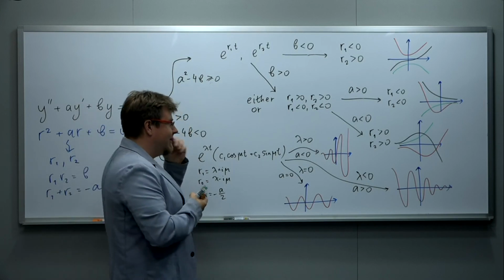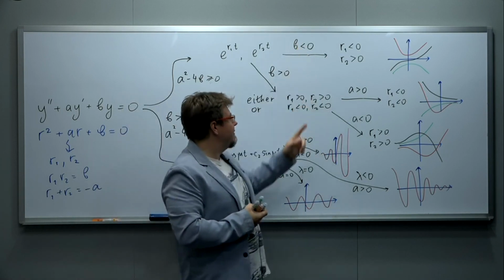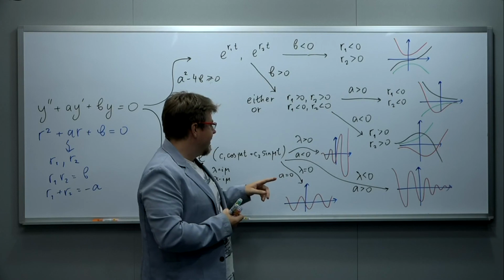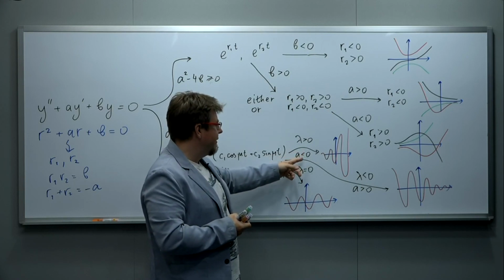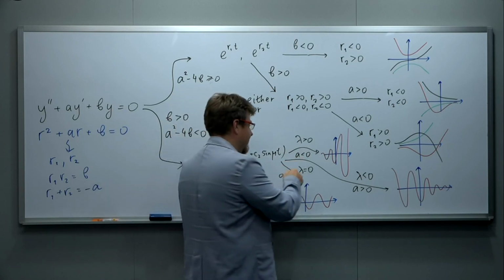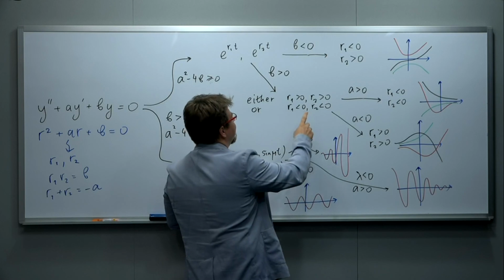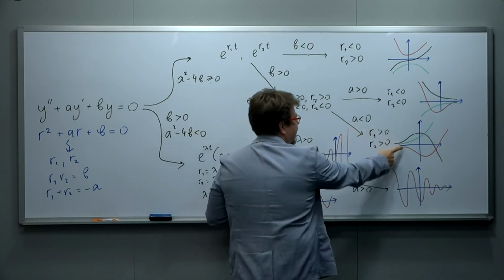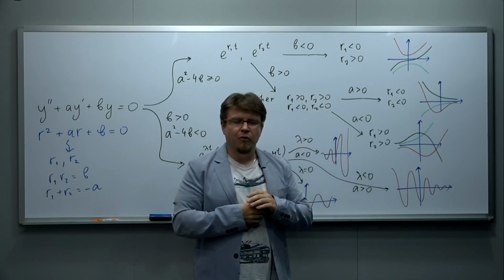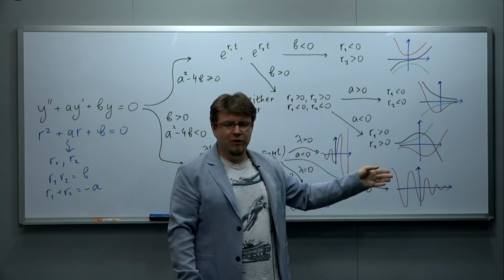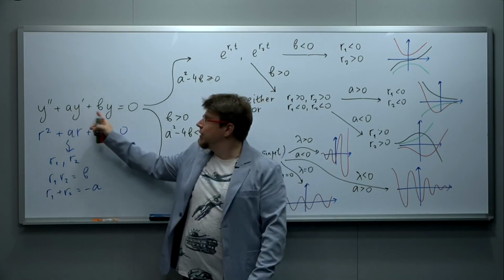And at the same time, in any other case, either b is negative or a is negative. So what I want to say is that all solutions approach 0 when t goes to infinity if and only if both coefficients here are positive.